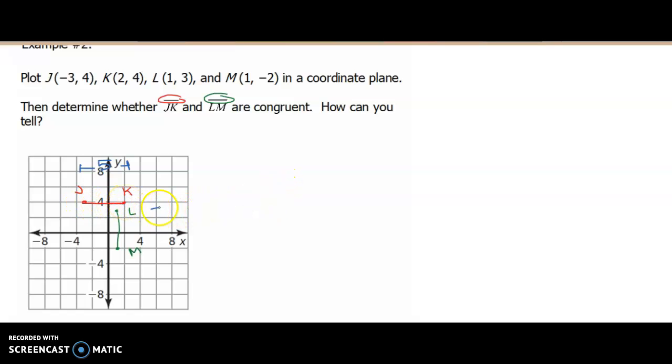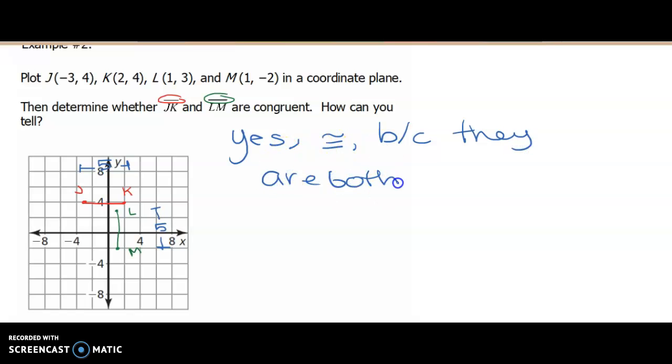Now from L to M, it is 2, 4, 5. It is also 5 long. So because they both have the length of 5, they are congruent. I'm going to say yes, congruent, using the sign, because they are both 5 units long. Now this question would be very, very difficult if you didn't know what congruent means.